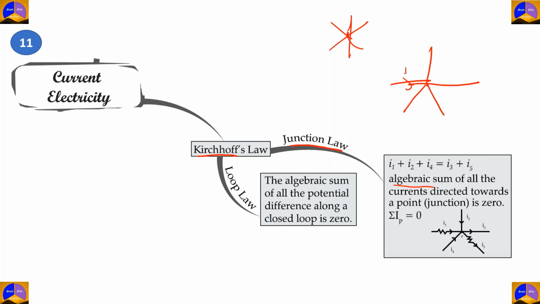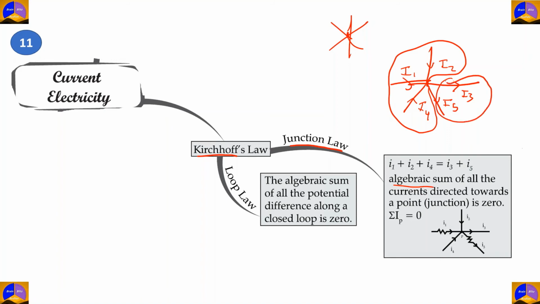Okay, so we have an I1, an I2, an I4, an I3, an I5. So here we find that these three currents, I1, I2, and I4, enter into the junction, and these I3 and I5 move out of the junction.